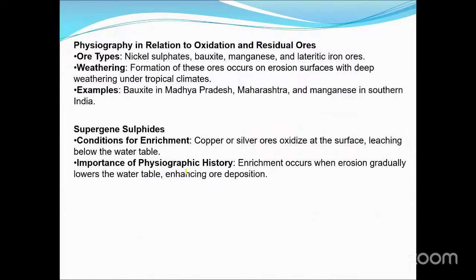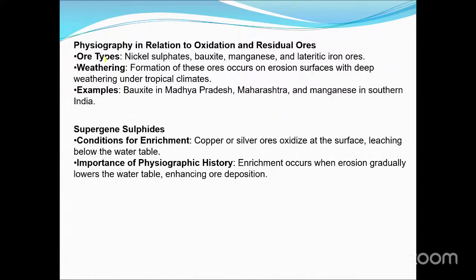And physiography in relation to oxidation and residual ores. Physiographical guides are related to oxidation and residual ores. Ore types, for example, nickel silicates, bauxite, manganese, and lateritic iron ores.